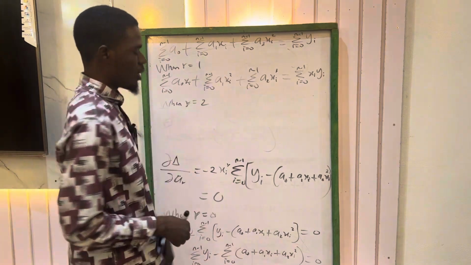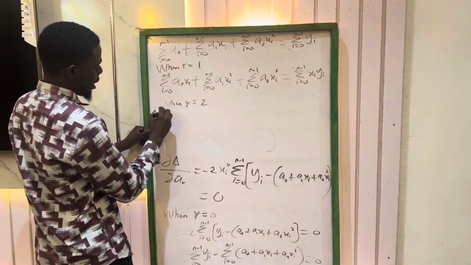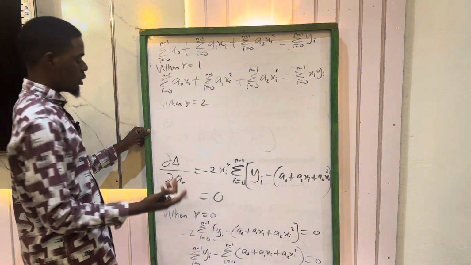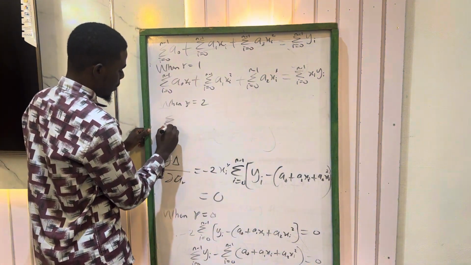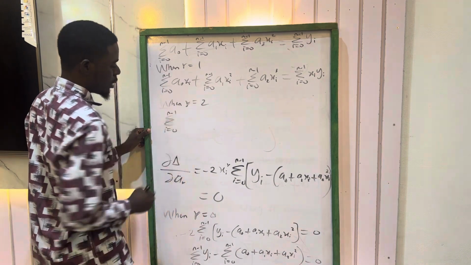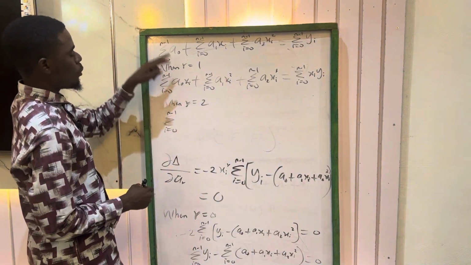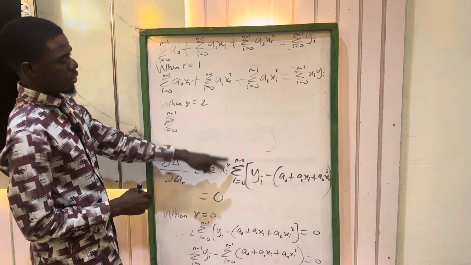So not to go through everything again, I'm just going to say that the expression we're going to arrive at is going to be the summation from i equals 0 to m minus 1. For the first one, we're multiplying by xi squared now because r is equal to 2.